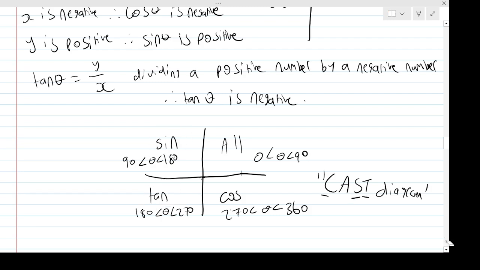So if we start from cos and work our way around the grid, that gives us the ordering of the trig functions that are positive in the quadrants, okay? We call that a CAST diagram, which you will see in the textbook or wherever else you look at your maths. The CAST diagram tells us the angles for which certain trig functions' outputs are positive, essentially.